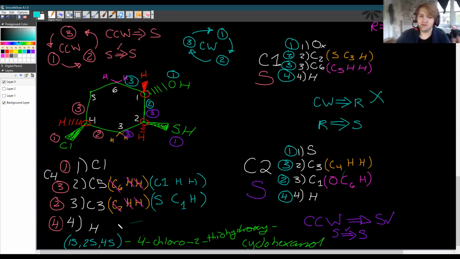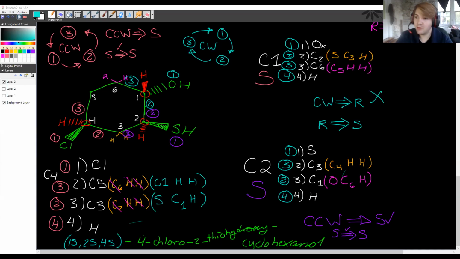But what does this matter? Well, if we gave this name in a paper or if we read it somewhere, from the fact that it gave us 1S, 2S, 4S, we could then go and draw the molecule the way that it's given, okay? So we would be able to get the wedging and dashing correct.